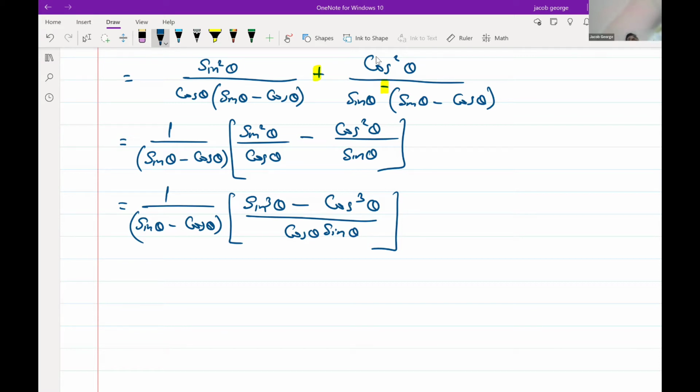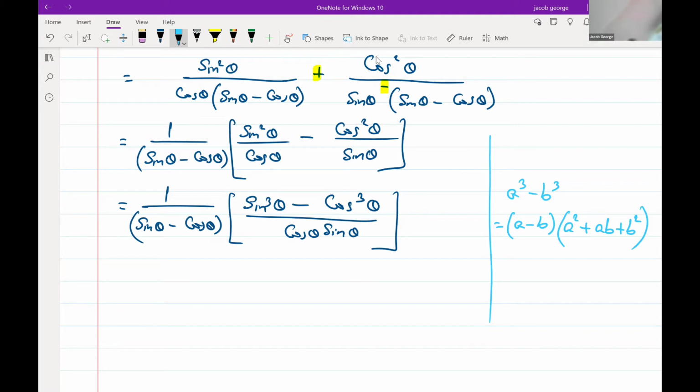Now this is of the form a cube minus b cube. What is a cube minus b cube? Class 9 we studied in detail. A cube minus b cube is a minus b into a square plus ab plus b square.